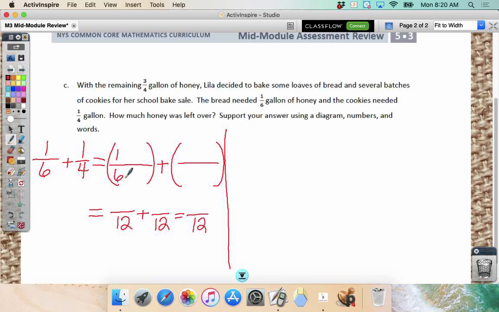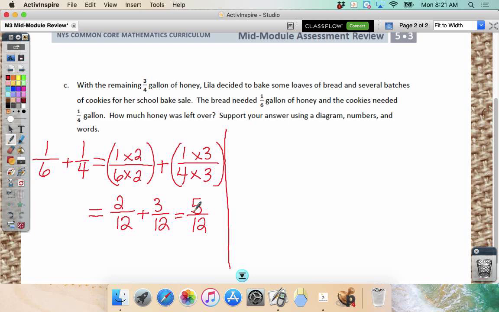And six times what equals 12? Okay. And 4 times what? 3. That was the answer on the last one, wasn't it? Yeah. Okay, so now what do we do? That's part 1. We got to figure out how much she has left over.